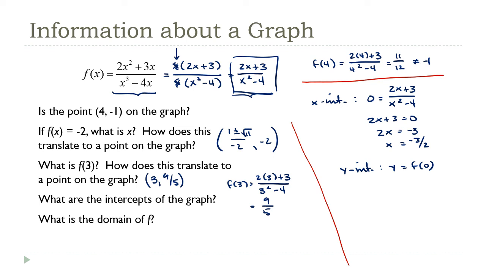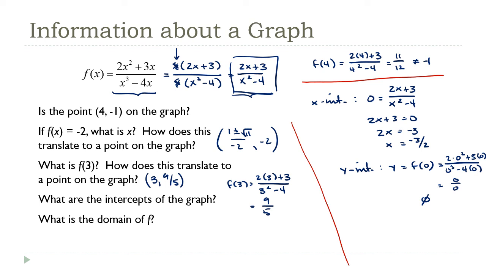Remember, the original version is the one that really counts here. If you try putting this into the original, you get 2 times 0 squared plus 3 times 0 over 0 cubed minus 4 times 0, which is 0 over 0, and that is undefined. You can't divide anything by 0, including 0. So there is no y-intercept.